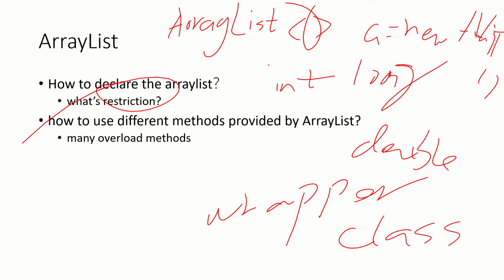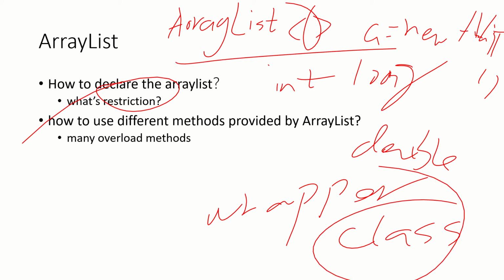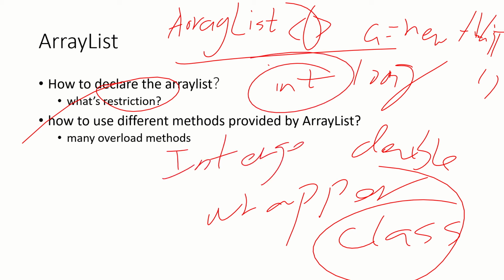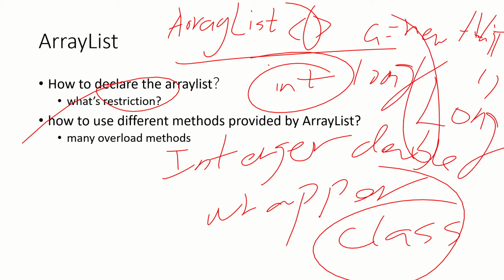That means all the primitive data types have a class to help you declare, which means if you go to int, they have a class called Integer, long, they have a class Long. The first letter is uppercase, okay? That's what we call the wrapper class.